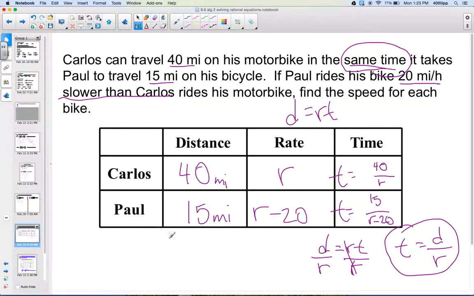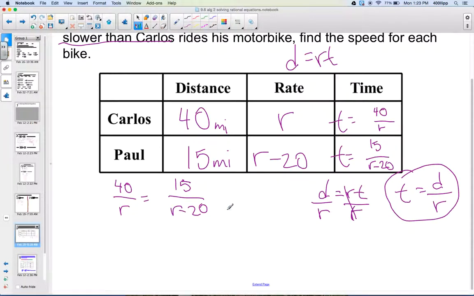So setting these equal to each other, since they're going the same amount of time, I'll have 40 over r is equal to 15 over r minus 20. And then I can cross multiply here, getting 40r minus 40 times 20, which is 800, is equal to 15r.